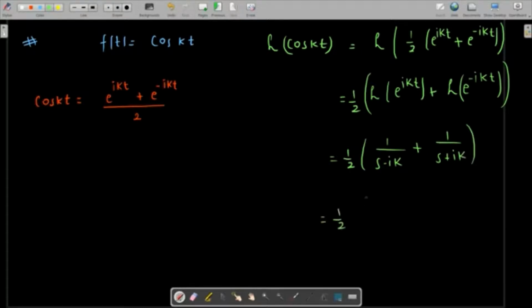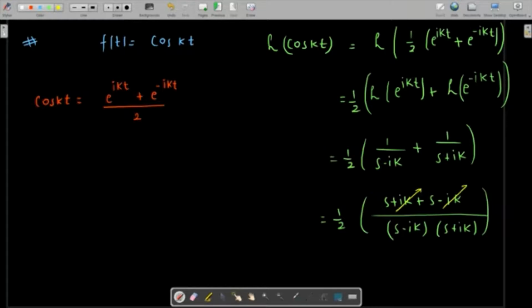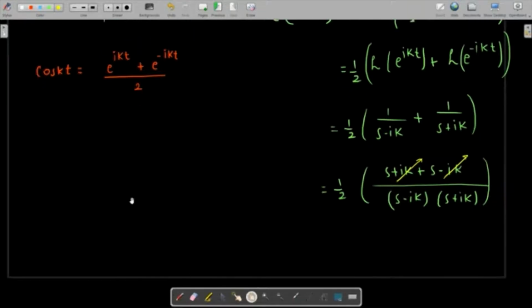We take a common factor over here. We have s minus ik times s plus ik. So this is going to be s plus ik plus s minus ik. Over here, these two are cancelled. And what we are left with is 1 over 2, 2s over a plus b times a minus b, that's an identity, so it's s square minus ik square.